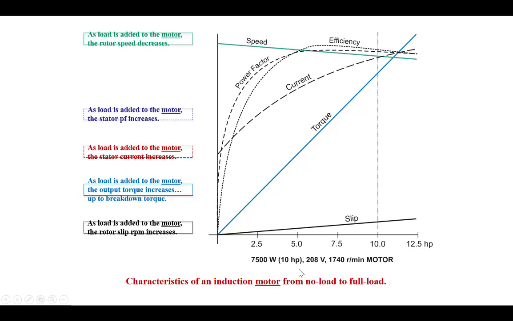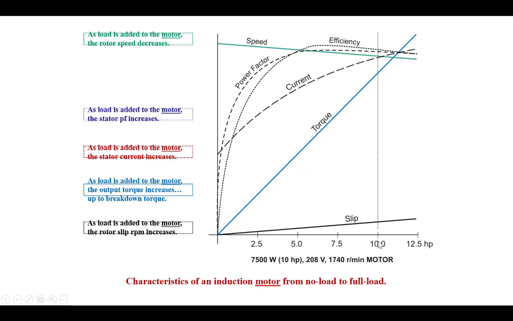In this example we have a 10 horsepower motor. When it is loaded down so that it is at 10 horsepower, approximately 7,500 watts on an output meter, this RPM is full load RPM, and we would also be at full load current. That is when the motor is designed to operate at its best.